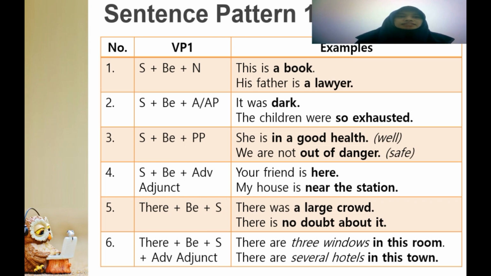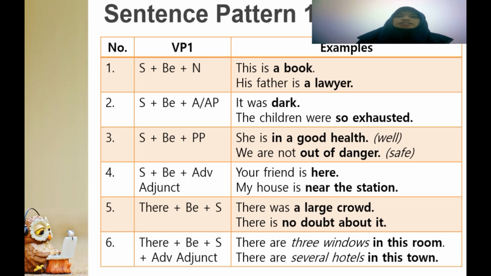And then the second rule is subject and then be plus adjective or adjective phrase. For example, it was dark and the children were so exhausted. Number 3, we have subject plus be plus PP, which stands for prepositional phrase.